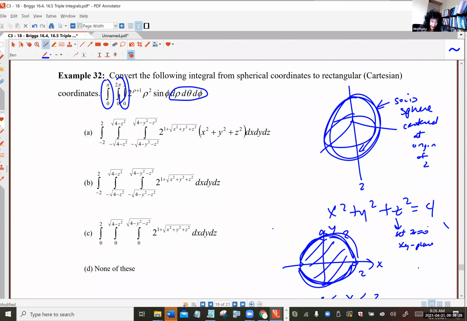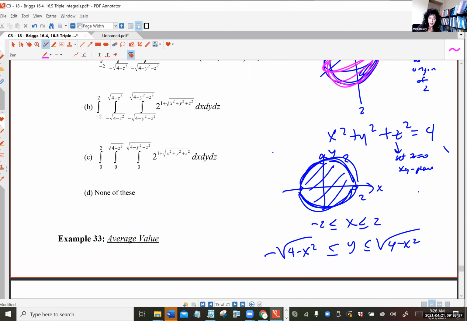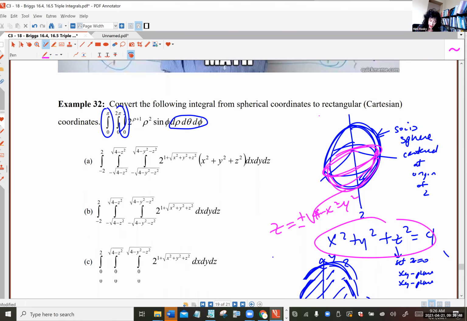And then in the z world, the lower limit for z, if you're looking at the floor of this solid, is the bottom half, the southern hemisphere. If you solve your sphere equation for z, you'll see you get two choices, the northern hemisphere, the positive, and the southern hemisphere.